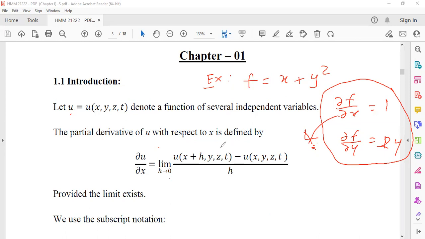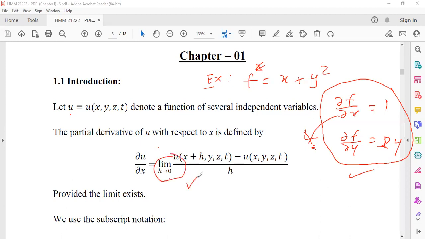Can you all try? F or u, in this question, is our dependent variable. What do you think? The independent variables are x and y, isn't it? According to that, using the definition, can you find the partial derivative with respect to x and with respect to y? I already gave the answer as well. See whether you can reach that answer using the limit knowledge.